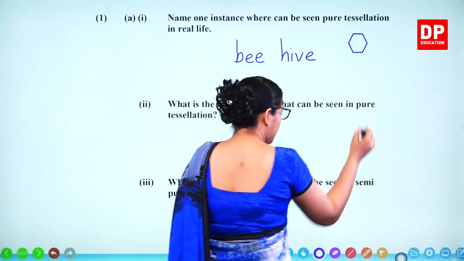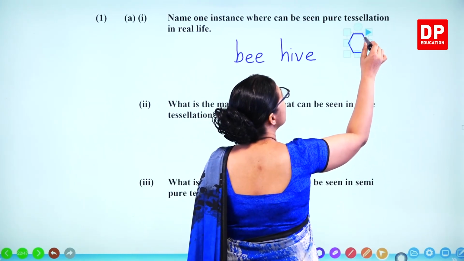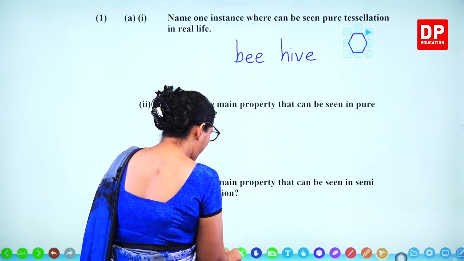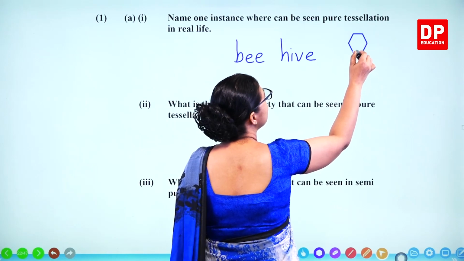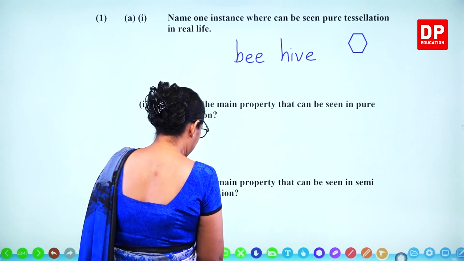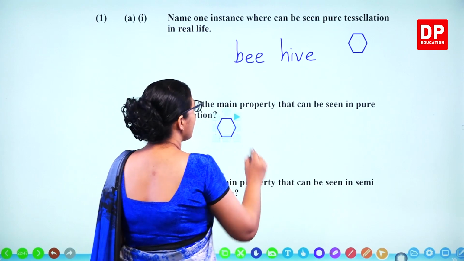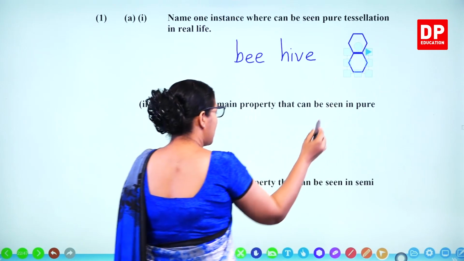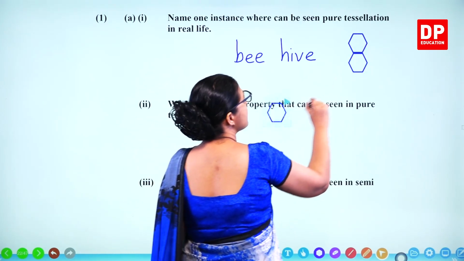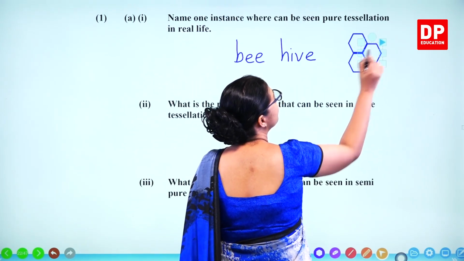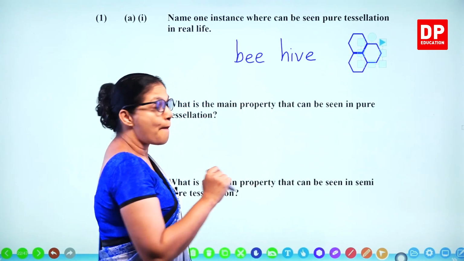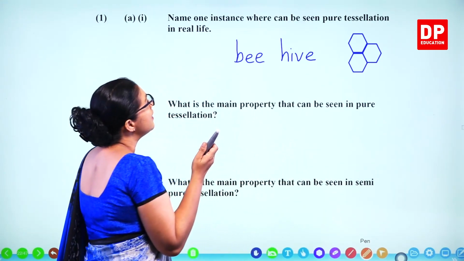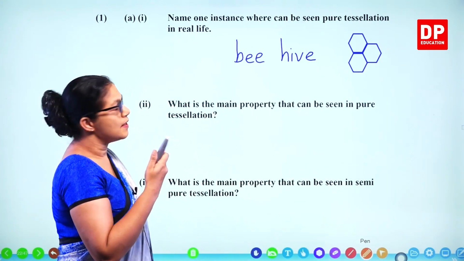I'll take something like this. So all hexagons are there. Something like that. It's a beehive. So you can give any example. This is in real life we see beehive.